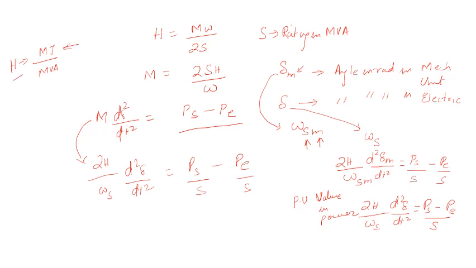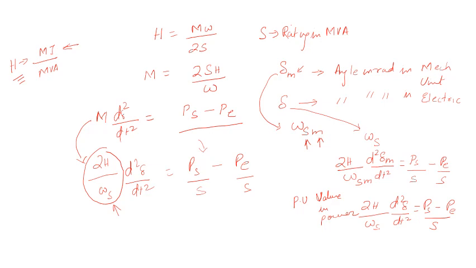That's why I have used this parameter H. And this M was actually the angular momentum, so that's what I have changed here. So this quantity with respect to the per unit quantity will remain consistent.